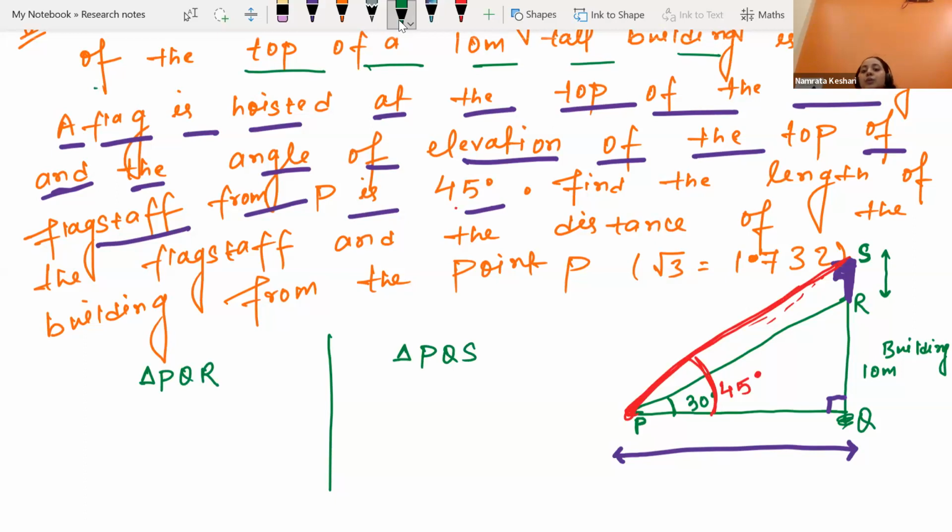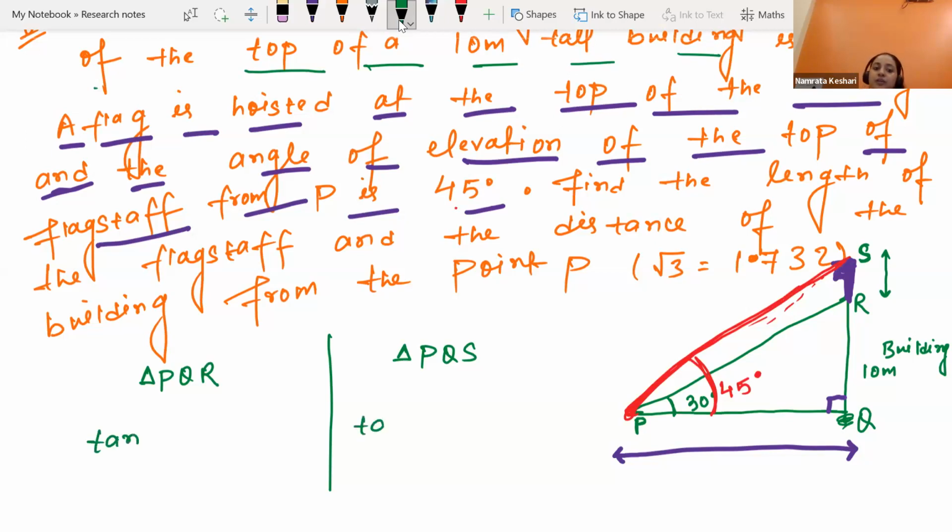And again, in the previous question, Alvina, your question was how we decide which two sides to take. Are you getting the idea that here the height of the building is 10 meters, so maybe that side we will be using. And PQ we are supposed to find, so this side also we will be using. Everyone, are you getting the idea? So here also we'll be taking tan.